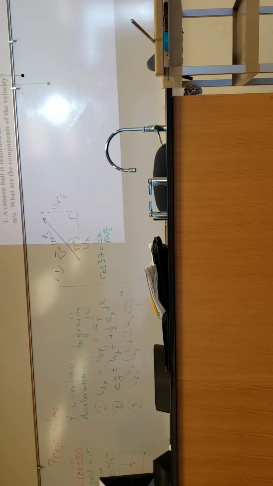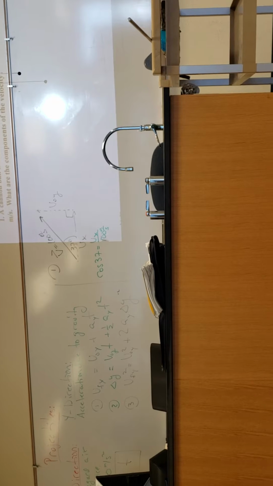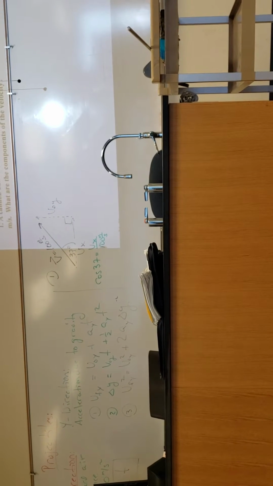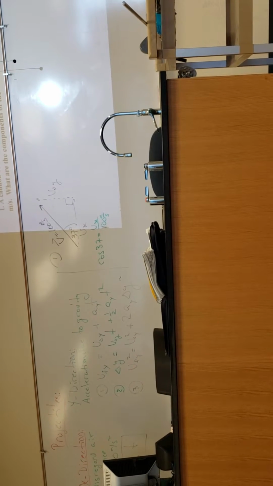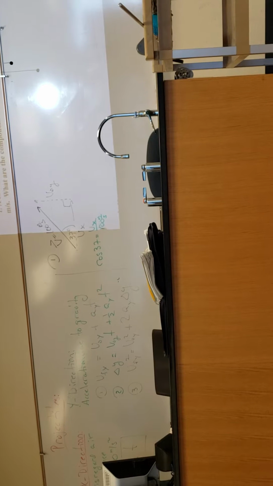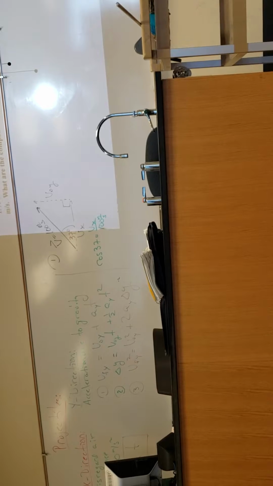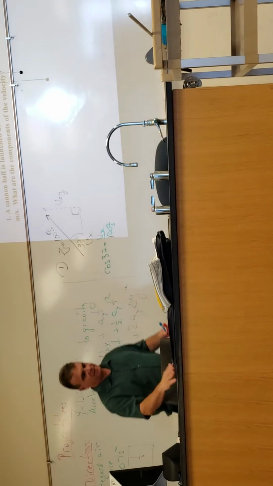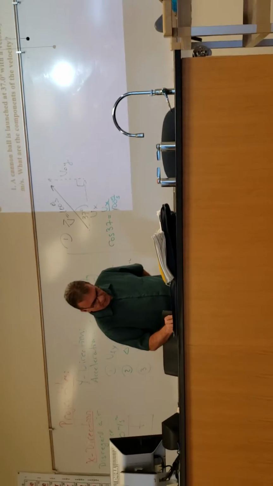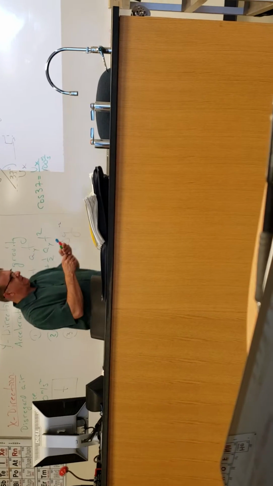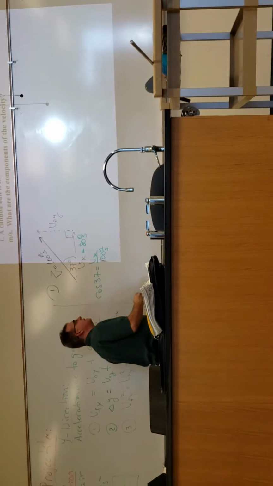Let's go to my calculator. 37 cosine, yeah, 0.8. So this is 80 meters per second.